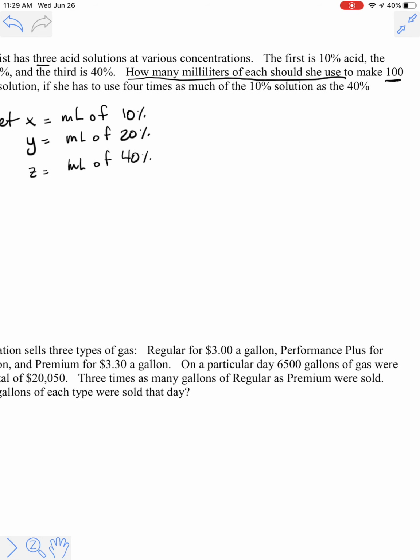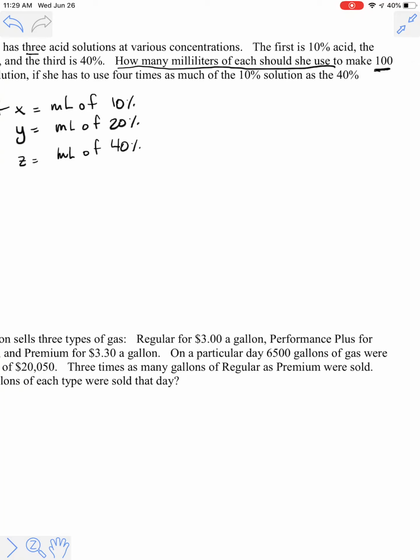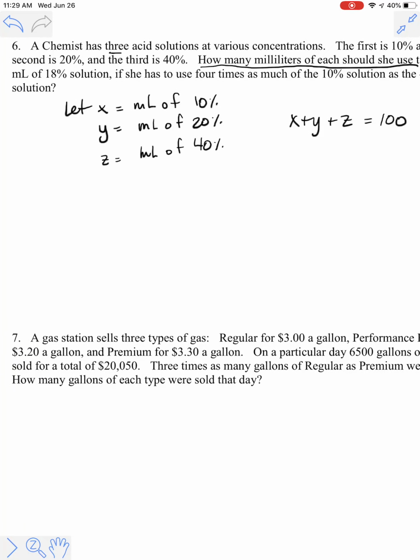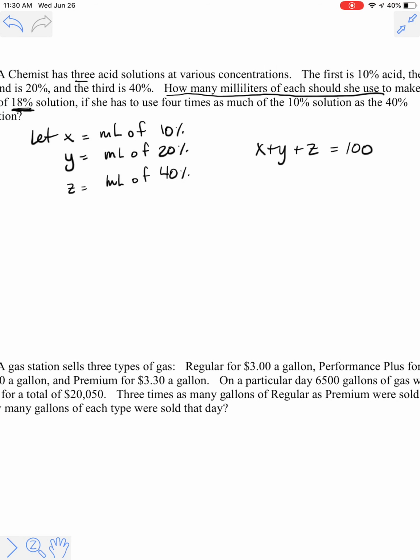So now we need to make 3 equations since we have 3 variables. The first equation we could use is this chemist has to make 100 milliliters. So a combination of x plus y plus z has got to be 100 milliliters. Now, the next thing we could look at is the concentration needs to be 18% concentrated. So we can now use these concentrations.